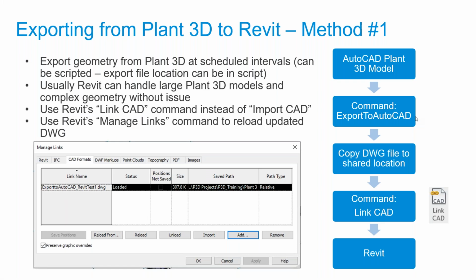So there are two options for bringing AutoCAD Plant 3D objects into Revit. The first method is very simple, and it automatically updates when the model in Plant 3D changes, but does not give the best results or functionality in Revit. This method is shown in the slide we're looking at right now.